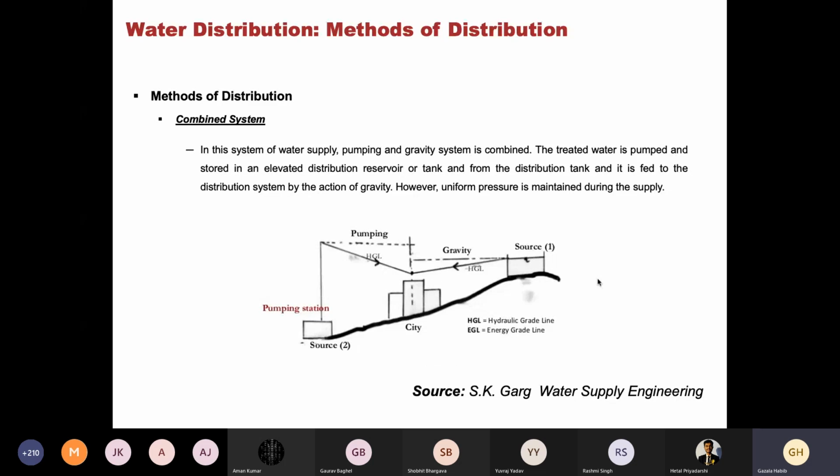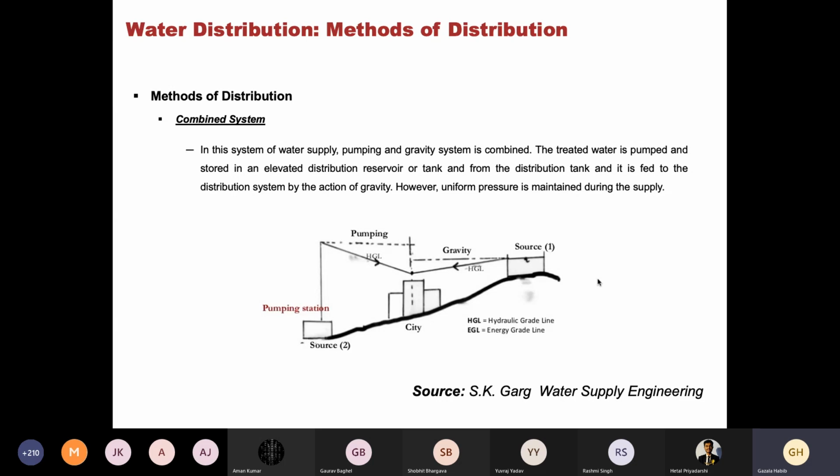Now combined system. In this system of water supply, pumping and gravity system is combined. The treated water is pumped and stored in elevated distribution reservoir or tank, and from the distribution tank it is fed to the distribution system. So this is the typical system which we see in urban area.